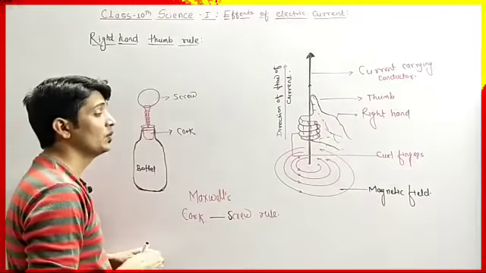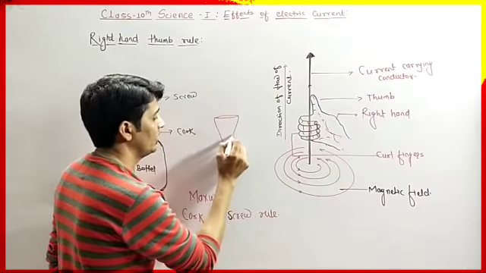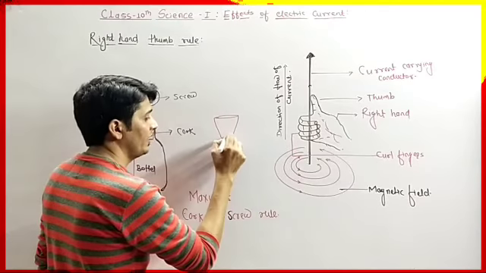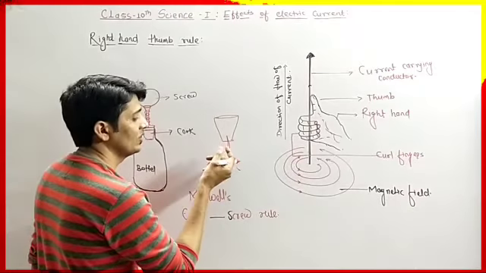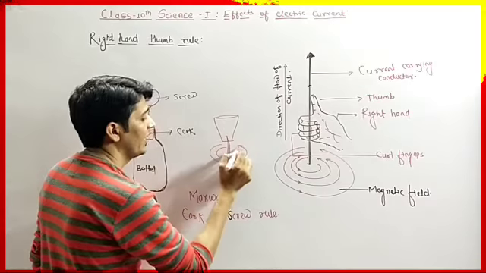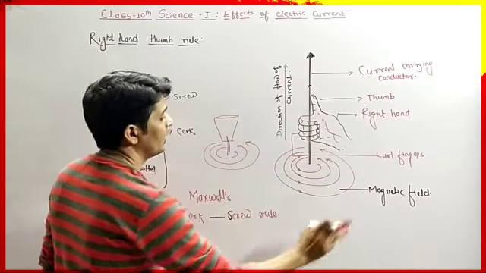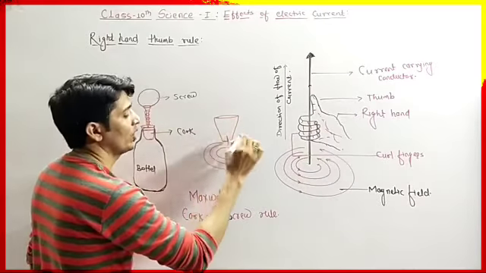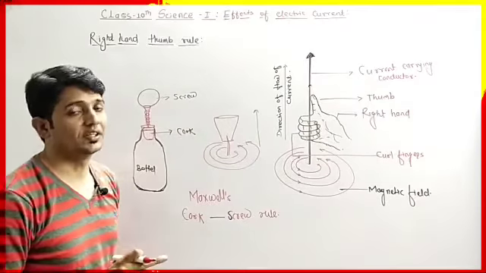So when the screw is penetrated, the direction of its rotation is the same as the direction of the magnetic field, and the direction in which the screw penetrates inside the cork shows the direction of flow of current.